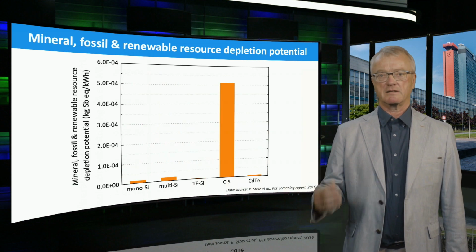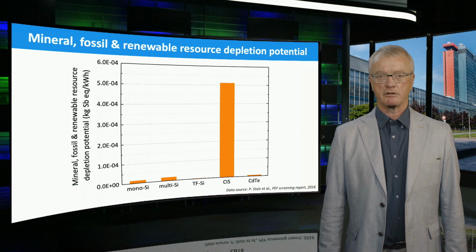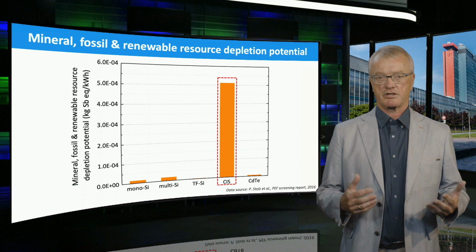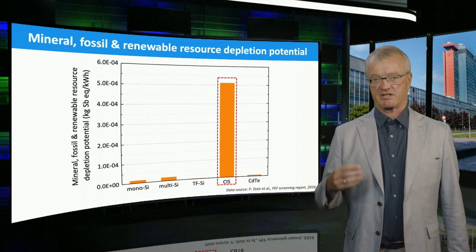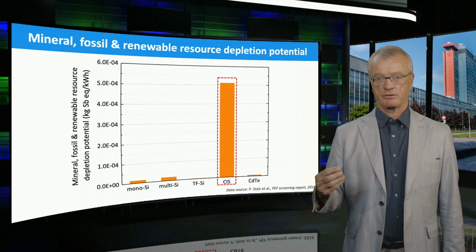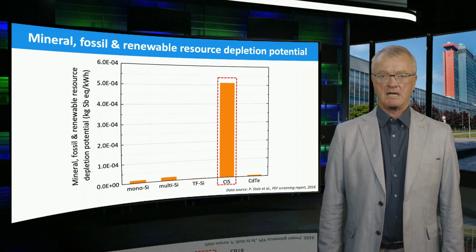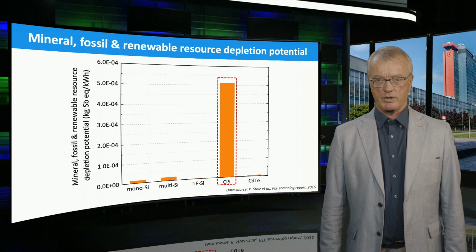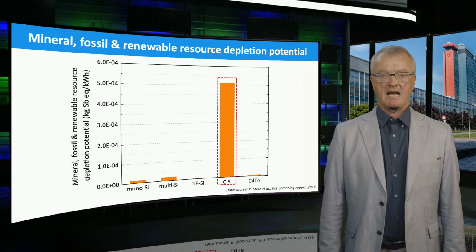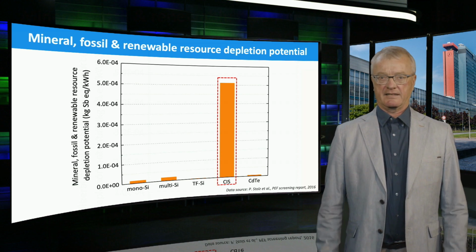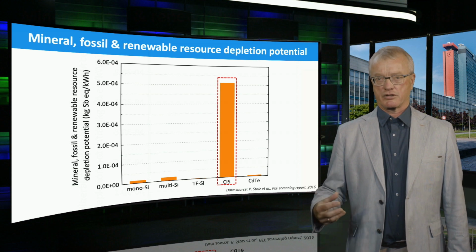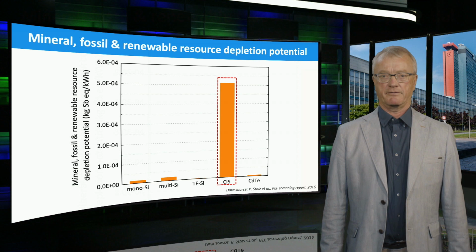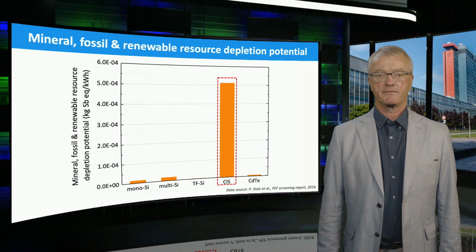The next factor is the mineral, fossil, and renewable resource depletion potential. The electricity production with CIS panels causes significantly higher impact with respect to other module types. This is mainly related to the consumption of indium, which is a scarce element, and its supply chain. Indium is also generally used in transparent conductive oxide layers of all thin film PV technologies.